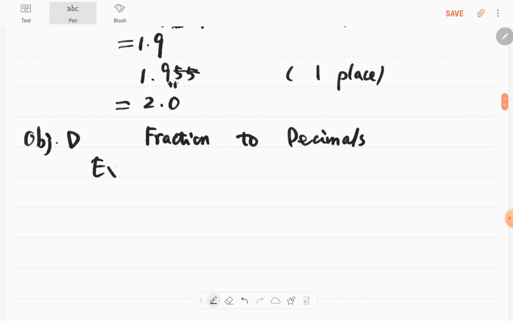Let's check the example. We want to write 1/4 as a decimal. So remember, we already know the fraction bar is just the same as the division sign. So we can treat it as division. 1/4 is equal to 1 divided by 4.